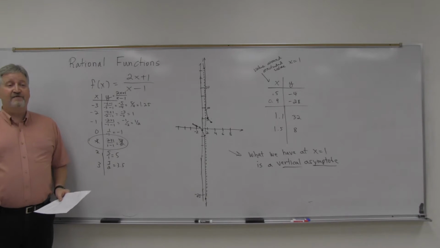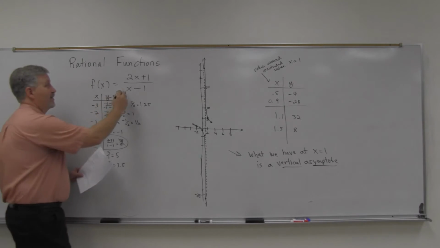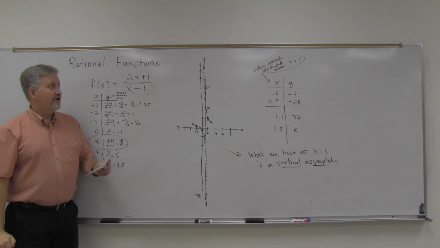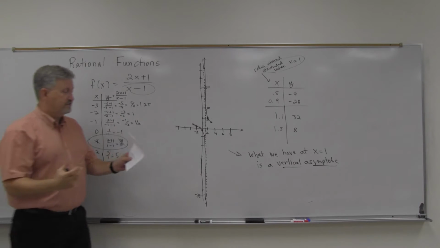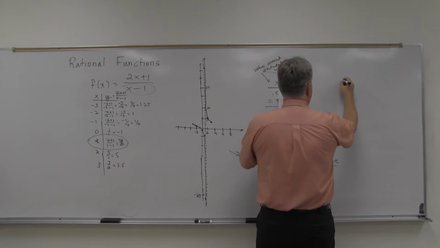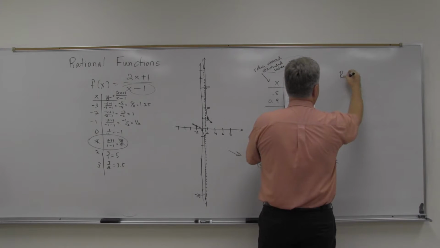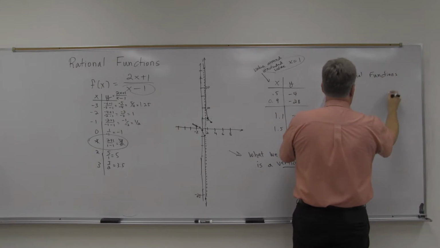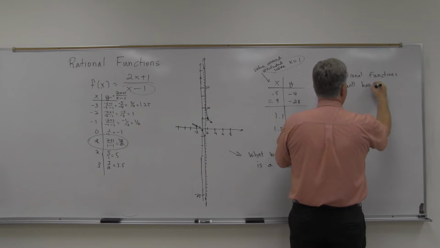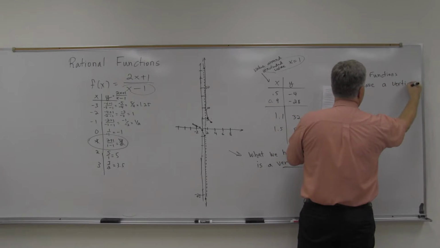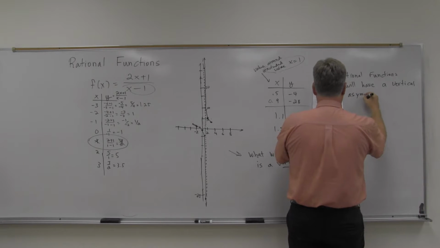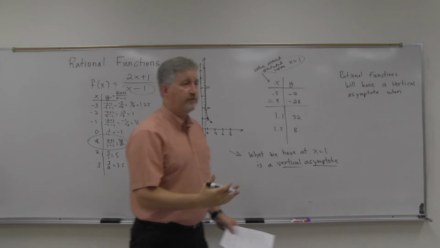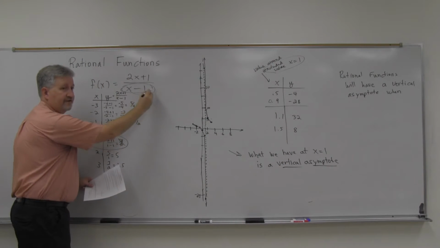Now, why did I have a vertical asymptote there? Well, it was because what was x equals 1? It was the excluded value. So, in general, the graphs of rational functions will have a vertical asymptote when it's an excluded value, that is, when the denominator equals 0, okay?